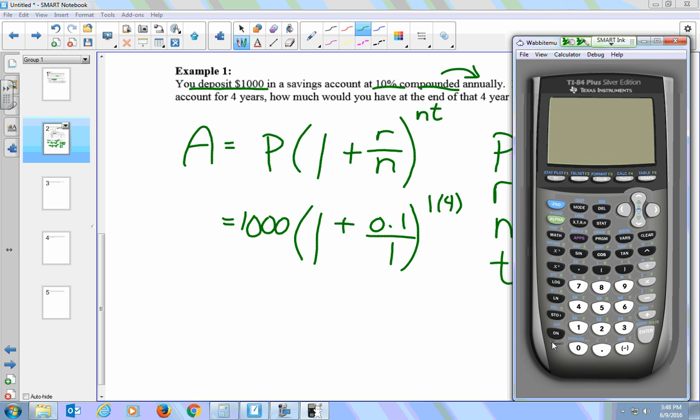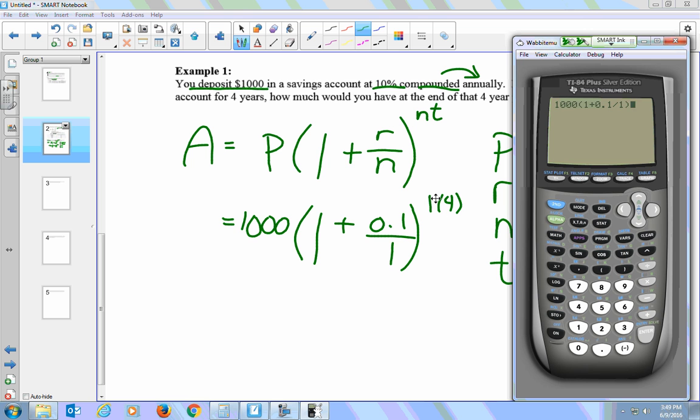So if you do that, you start out here, you have 1,000, and then you have a bracket. Then you have a 1, then plus 0.1, and this line here means divide, so you click divide by 1, then you close the brackets.